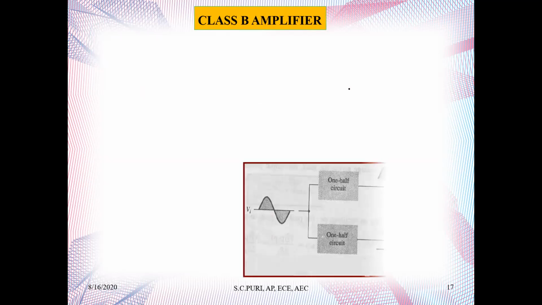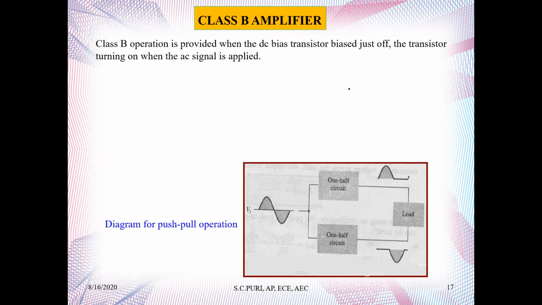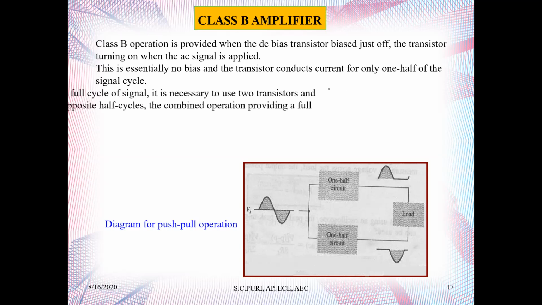Now let us talk of class B amplifier. As you can see here, this is a diagram for a push-pull operation. Class B operation is provided when the DC transistor bias is just off, the transistor turning on when the AC signal is applied. This is essentially no bias, and the transistor conducts current for only one half of the signal cycle.